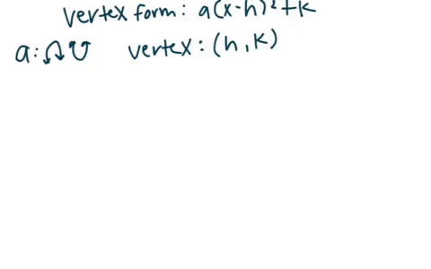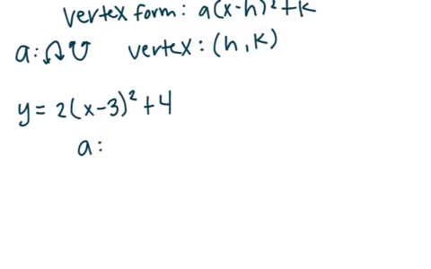So let's look at an example. So if we have y equals 2 times (x minus 3) squared plus 4, my a value is 2, meaning that my parabola is going to open up because it's a positive a value.